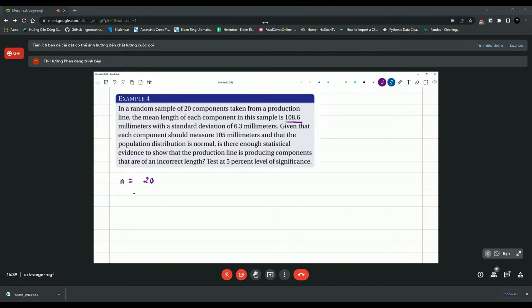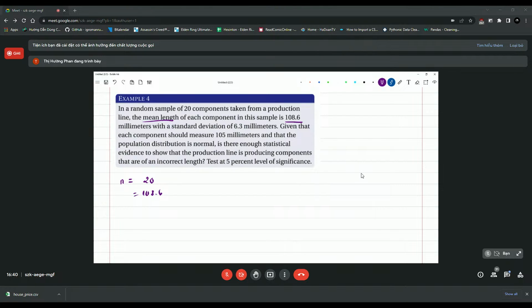Now can you please tell me what is the value 100.6? What is the value of 100.6? Is this X bar or is this mu? It said that the mean length of each component is 100.6. So should I write X bar or mu?